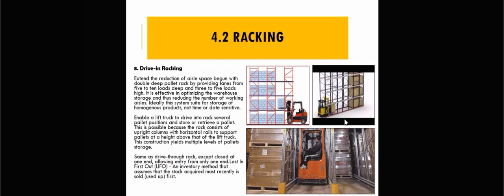Dia sangat cekap lah penggunaan ni dari segi kita mengoptimumkan ruang penyimpanan dalam warehouse dan juga kita akan mengurangkan ruang laluan lah. So secara idealnya storage, cara penyimpanan yang macam ni adalah untuk barang yang homogeneous.